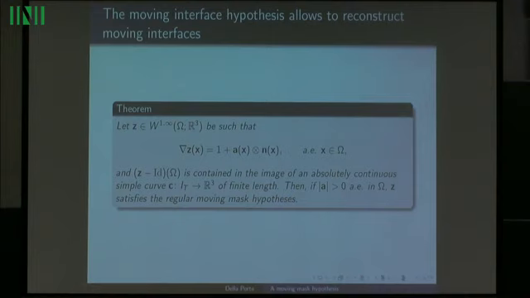So this is a powerful tool, because from the phase interfaces we can understand the deformation gradient, and from the deformation gradient we can reconstruct the interfaces. Let me just say that this assumption on the image of Z, so the map Z minus the identity has gradient which is a rank 1 map. So if Z was smooth, locally it would be a one-dimensional curve.